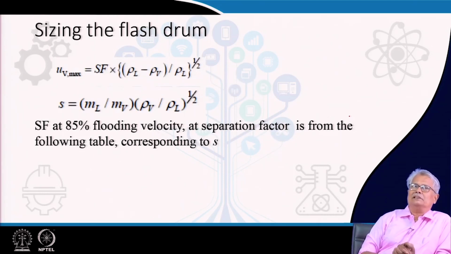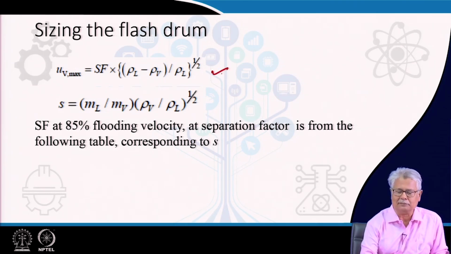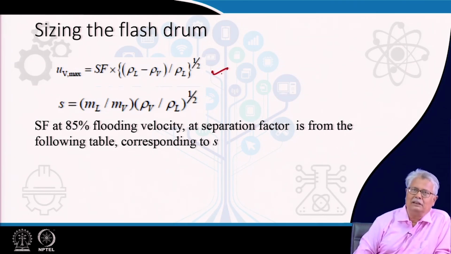The next part of it is finding the size of the flash drum. Here basically the sizing is done, the diameter is found out, or the cross section of the drum is found out by finding out the maximum allowable vapor velocity at the vapor liquid interface, which is given by this particular expression, which involves rho L, rho V and a factor SF.